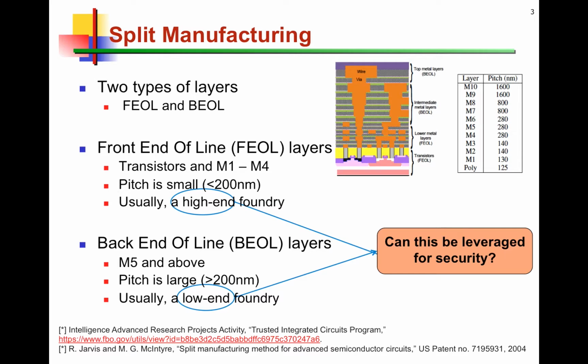IARPA came up with the idea of split manufacturing, where instead of a single fab to manufacture the entire chip, can we use multiple fabs to manufacture different parts of the chip? Namely, we use one fab to manufacture FEOL layers and another fab for the BEOL layers. So this way, no single fab has the entire information about the layout, and we're hiding some information from each fab.